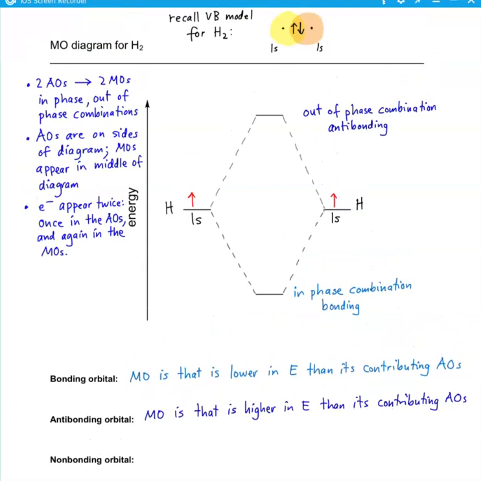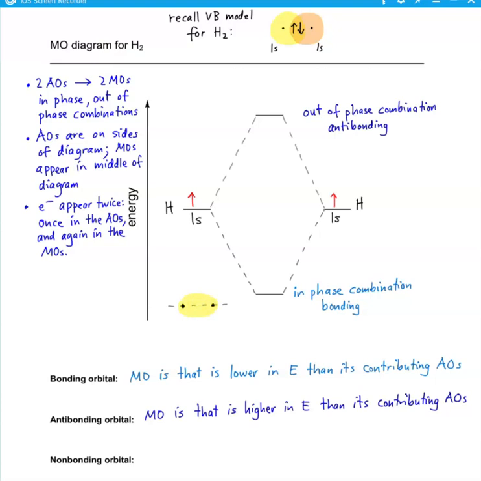Okay, now we're going to look at pictures of the orbitals. So let's take a look. Over here on the side, I'm going to draw a pair of nuclei. And here is an orbital, like so.